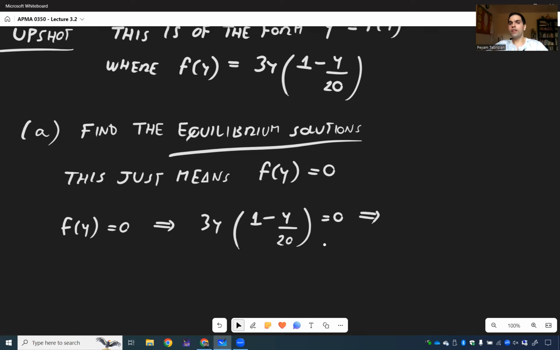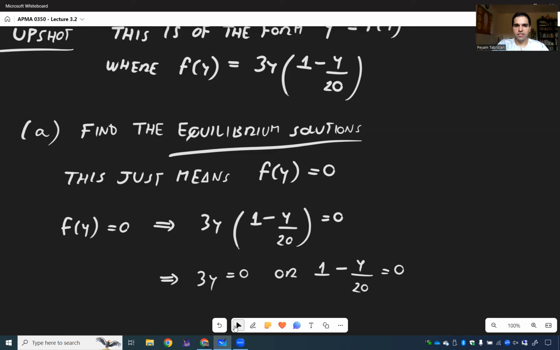Remember, if the product of two numbers is 0, either the first one is 0 or the second one is 0. So we get 3y equals 0, or 1 minus y over 20 equals 0.